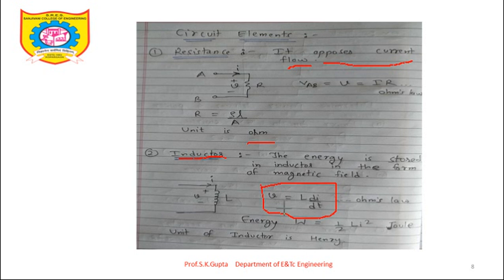The voltage across an inductor is L times di by dt. So this is also one form of Ohm's law. Energy stored in the inductor is 1 by 2 Li square. The unit of energy is joule. The unit of inductor is Henry.